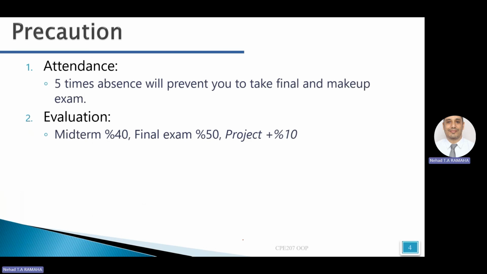Okay, so as you know, attendance is compulsory this semester, it must be. So you know the rule. 5 times absence. If you do not attend 5 times, then you will not be able to join the exam.